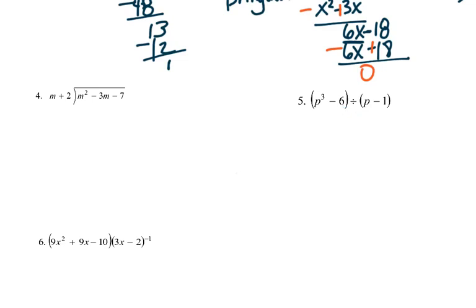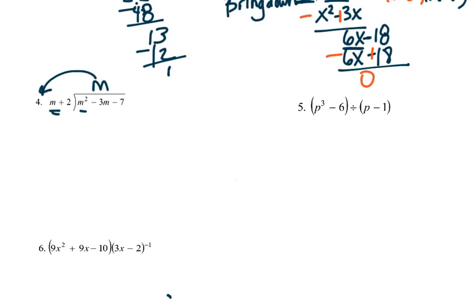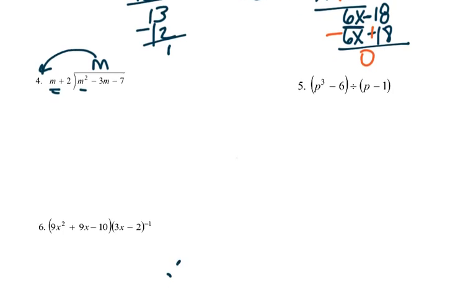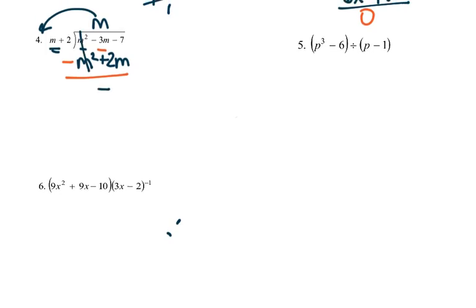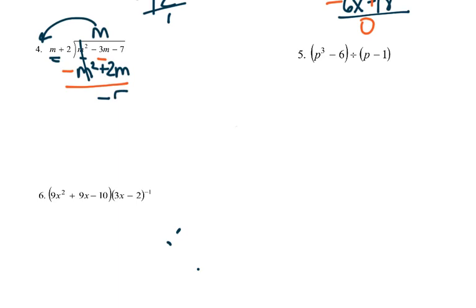So here, if I divide m plus 2 into m squared, I ask myself, how many times does m go into m squared, which is m times? Multiply, so that gives me m squared plus 2m. Then I'm going to subtract by changing the signs. These will cross out, negative 5m, bring down the negative 7, negative 5m minus 7, and do it again.